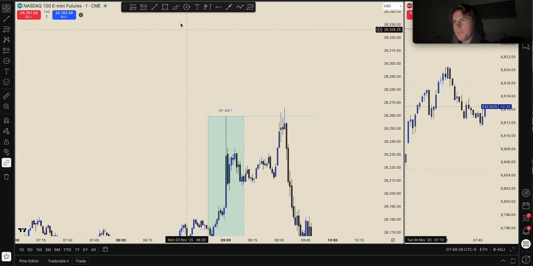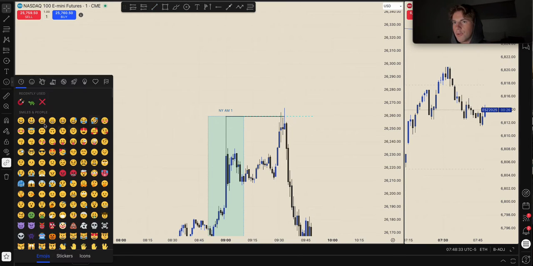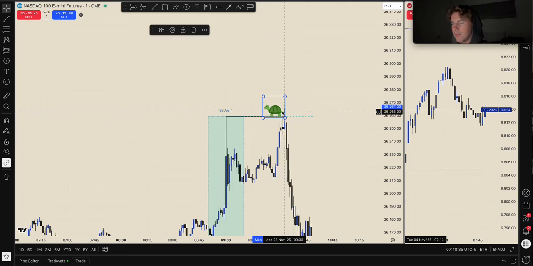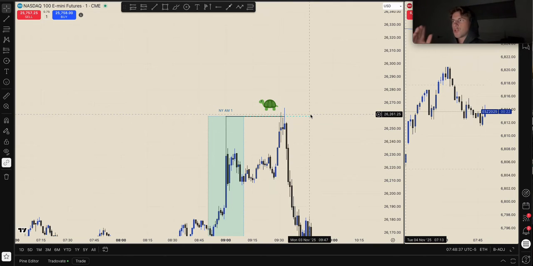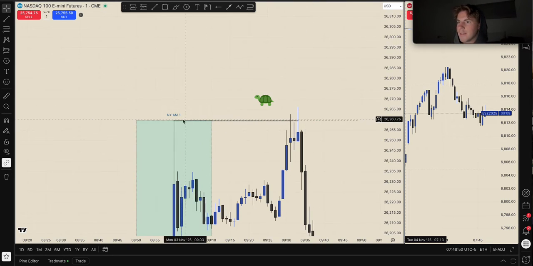So what is this? This is our turtle soup. Now I know it's a bit of a funny name, but what is a turtle soup? What's a liquidity sweep? Because it can be different, right? A turtle soup is where the wicks take a high, but it closes below.